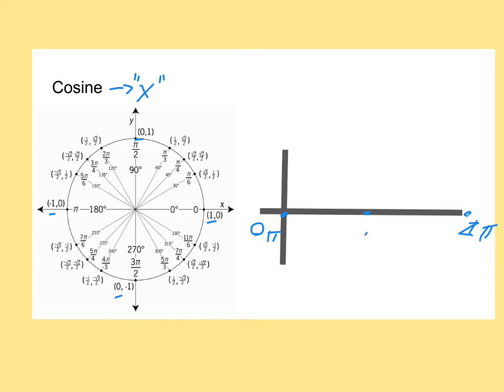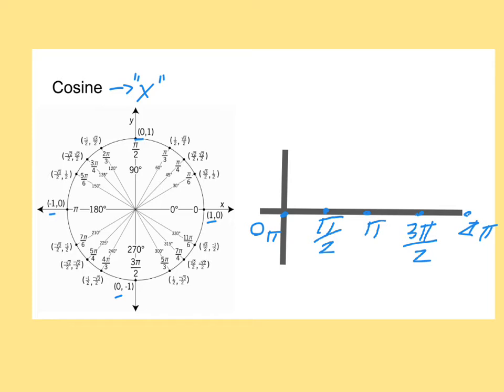In the middle we have our pi. Between 0 and pi we have our pi over 2. And between our pi and our 2 pi we have our 3 pi over 2.